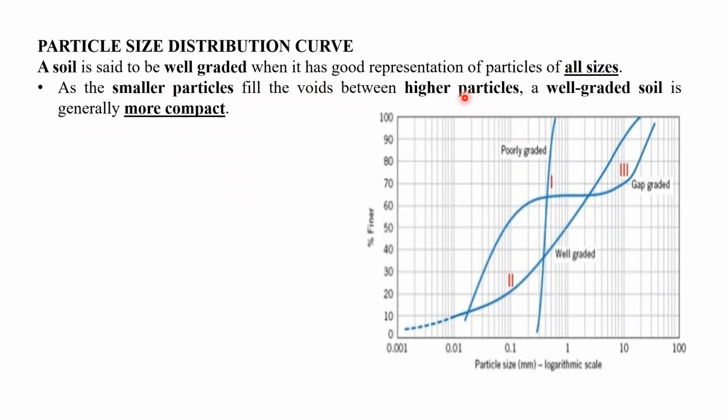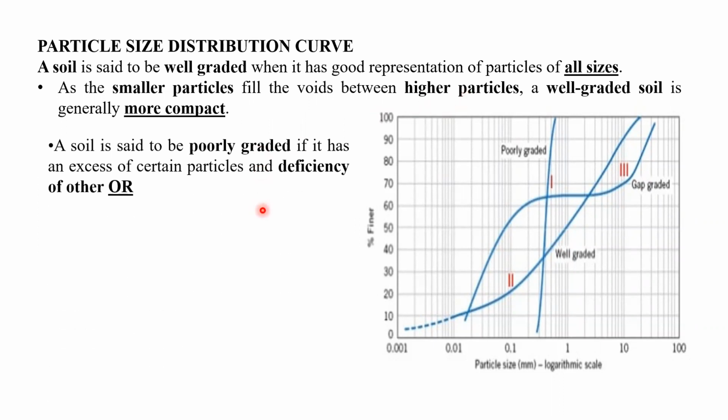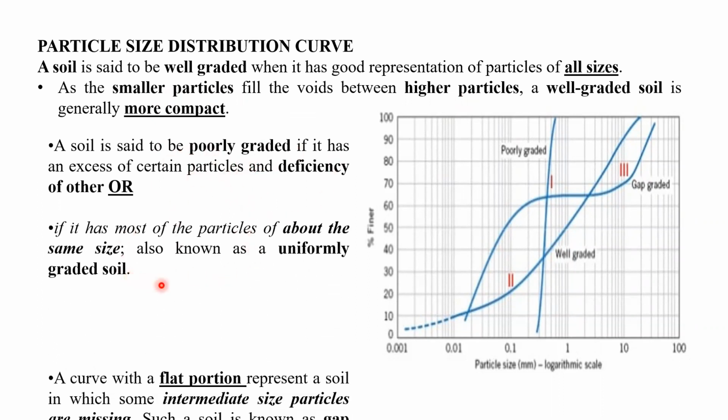Well graded soil is always better because it has all the sizes, and in between the bigger sizes, whatever gaps or voids form between the solid particles, the finer particles will fill the voids and the soil will achieve good strength, right? We can get more compaction. Here we have also written the definition, which I have also explained to you.